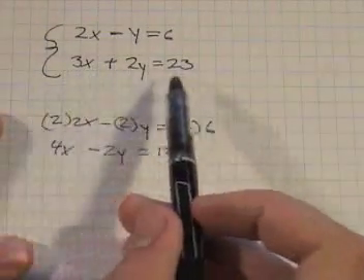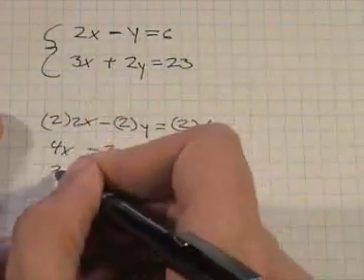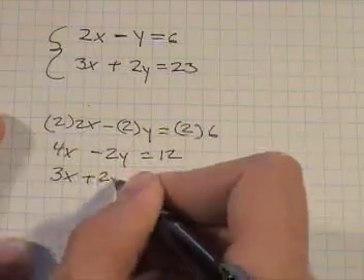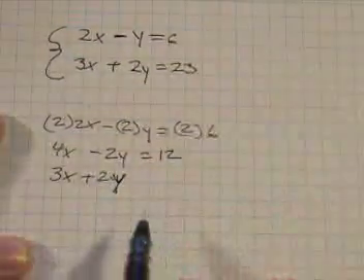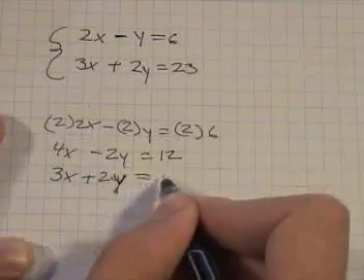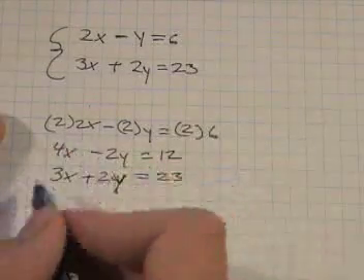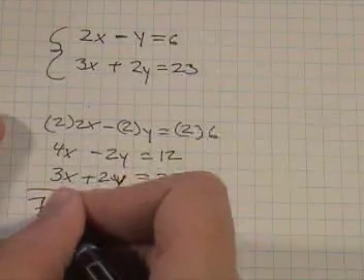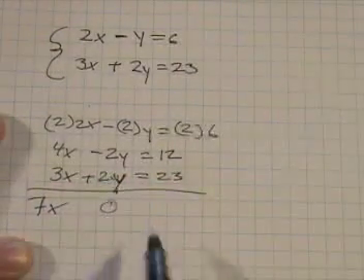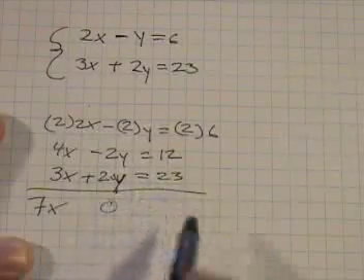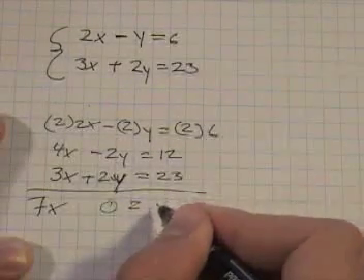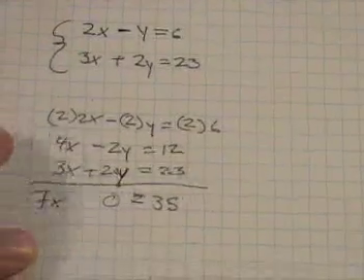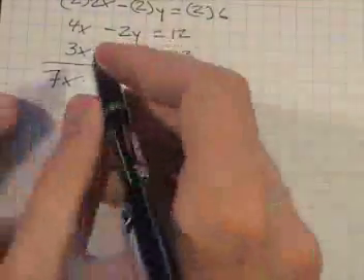Let's write this one right below it, and then we'll go ahead and add them together. So 3x plus 2y equals 23. This becomes 7x. These cancel out, and you're just left with 35 over here. Let's write it a little bit cleaner on the bottom.